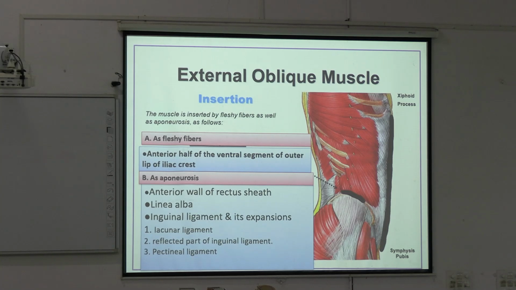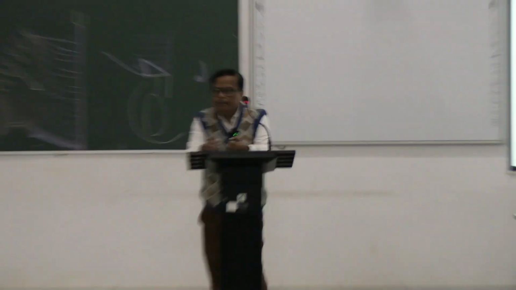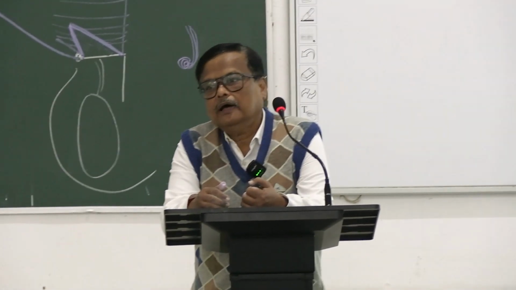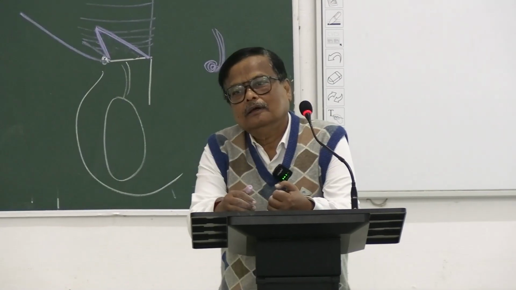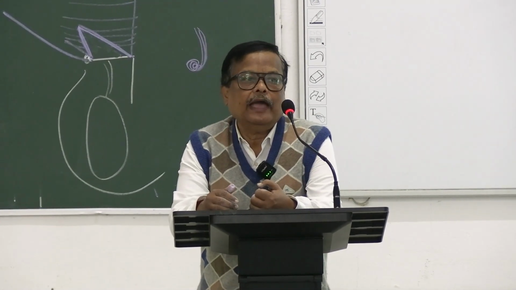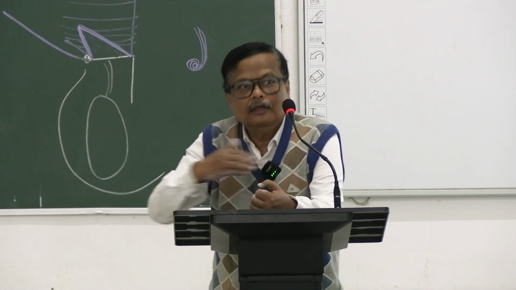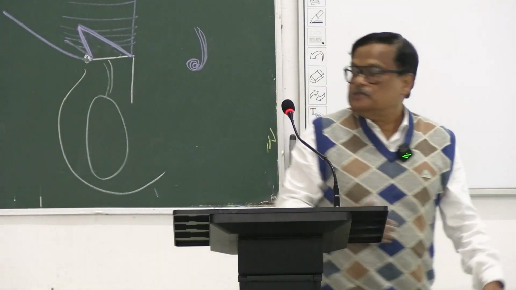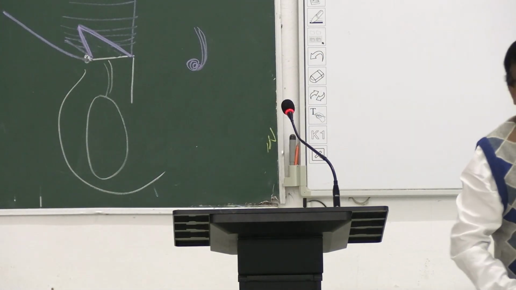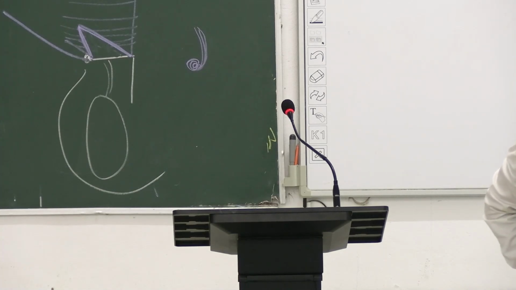So the superficial inguinal ring is the gap in the lower part of the external oblique. The deep inguinal ring is the gap in the fascia transversalis, which is present more posteriorly. Why? If we go layer by layer, what do we find? First the external oblique, behind it the fascia transversalis. The layers are skin, superficial fascia, then the external oblique, internal oblique, transversus abdominis, then fascia transversalis.